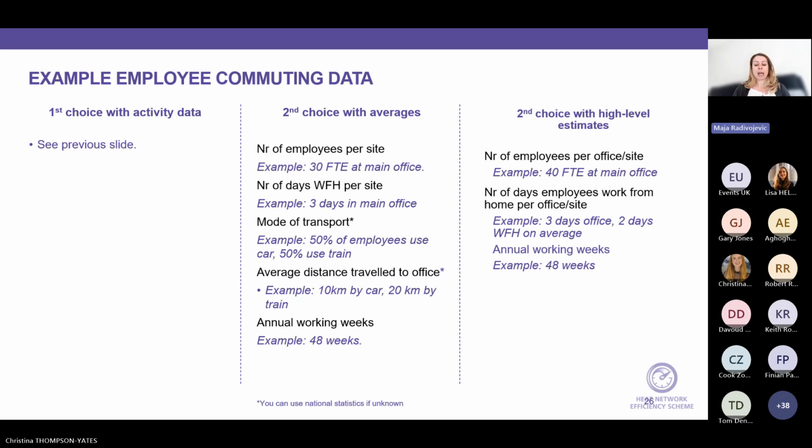And if you want to have a more high-level estimate because you can't get all that data, you might simply provide the number of employees at each office or site alongside the number of days employees work from home. Even though it's less accurate, this kind of analysis is still valuable enough to work with. Next slide, please.